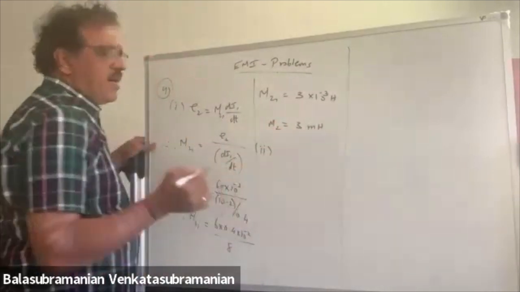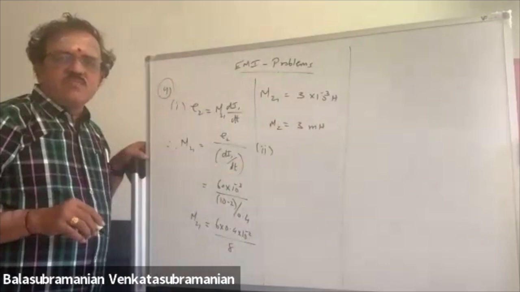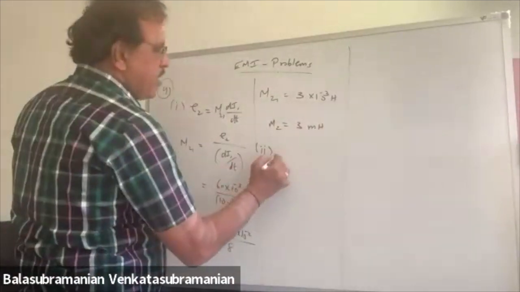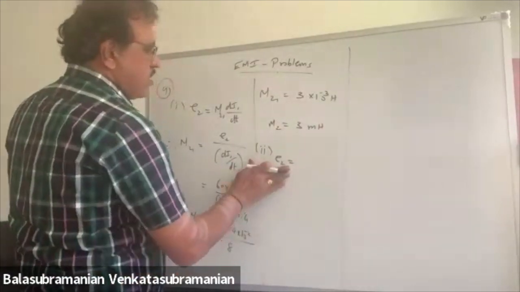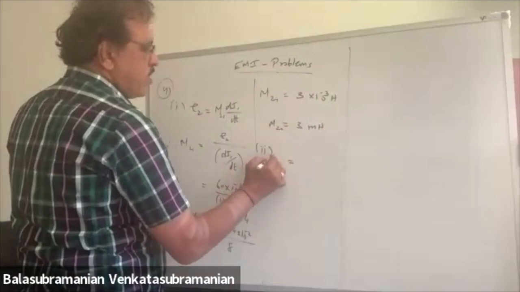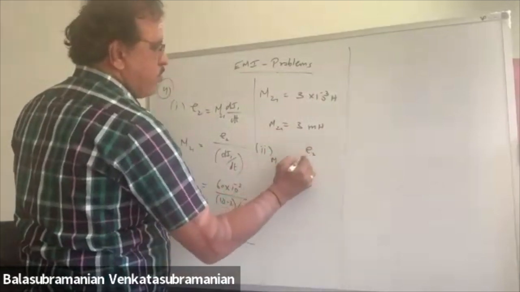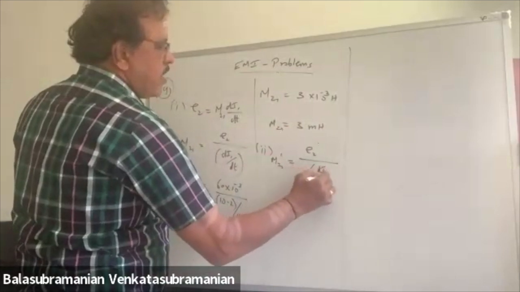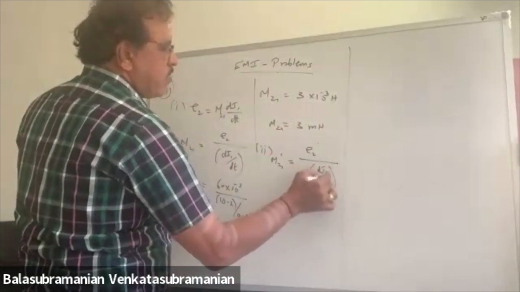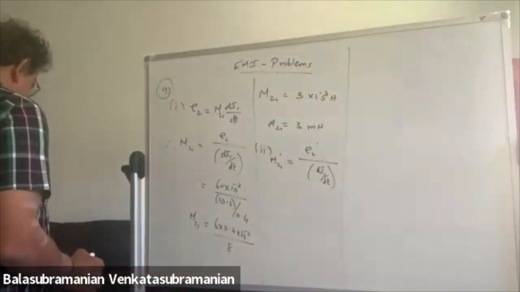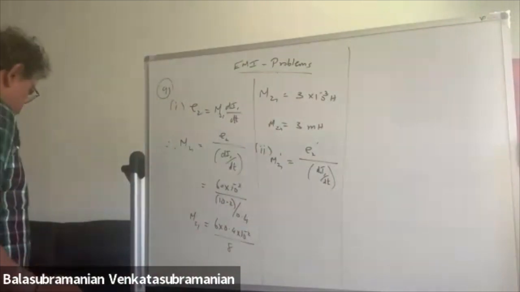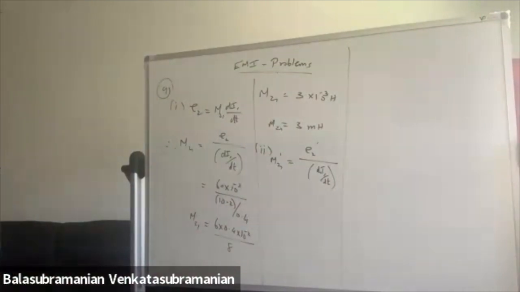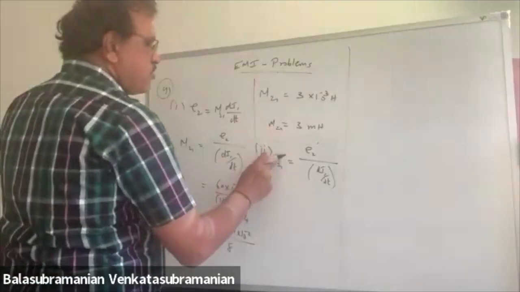Same formula, another set of data is given. E2 dash is equal to M21 into dI1 dash by dt. The coil is the same, so the value of M from the previous part you are using.